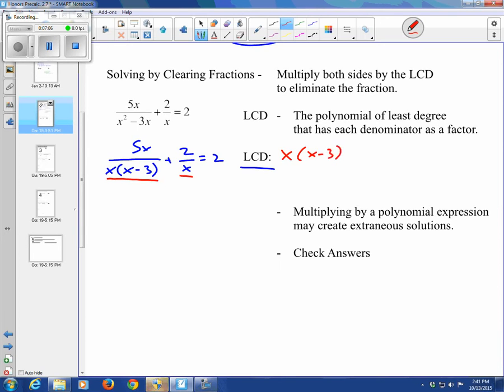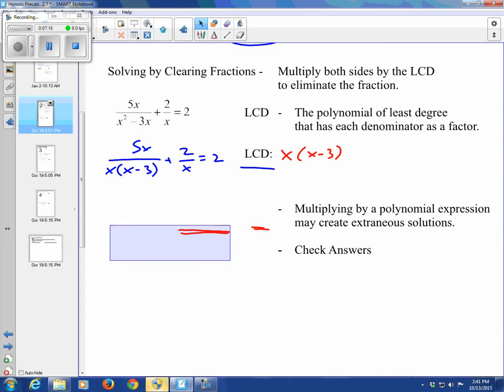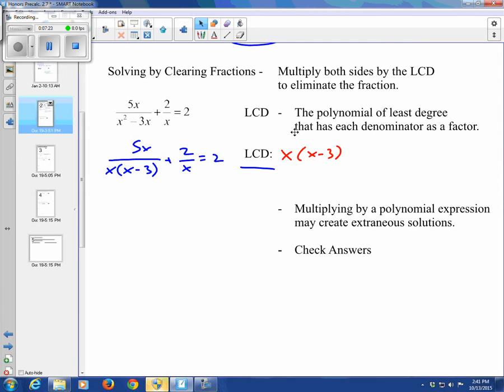This has x as a factor, and it has, obviously, x times x minus 3 as a factor. So right here, we can go ahead and multiply by that least common denominator on both sides and get rid of the denominators for our rational equation.